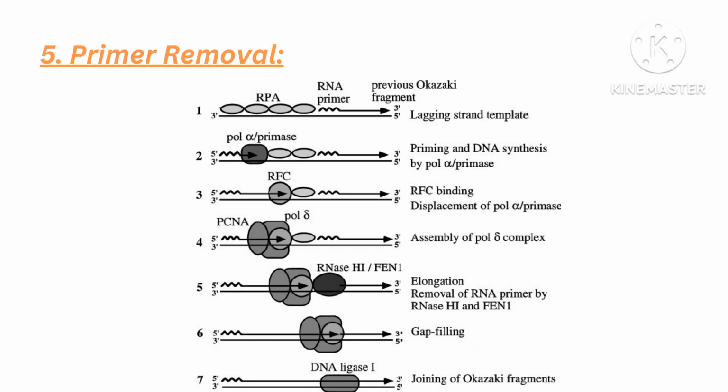FEN1 recognizes and removes the remaining flap, ensuring complete primer excision. DNA polymerase delta synthesizes DNA to fill the gap left by primer removal. DNA ligase I seals the nick, creating a continuous DNA strand.